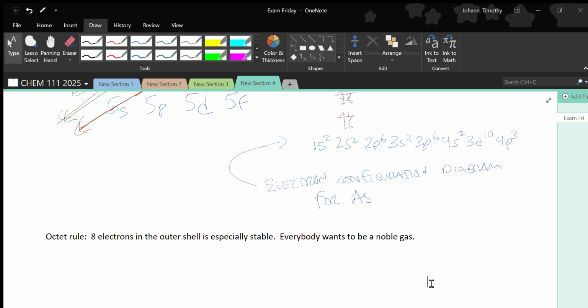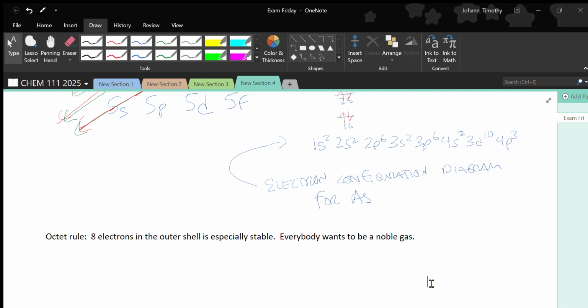A full outer shell would be 2 in the 4s and 6 in the 4p, right here, and then this is the lower shell, even though it's higher energy. Good fill.